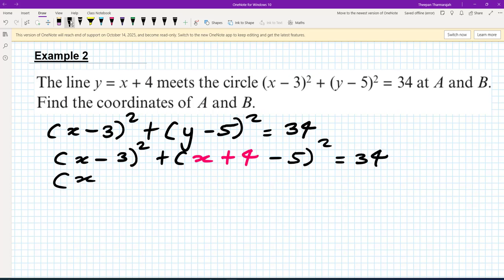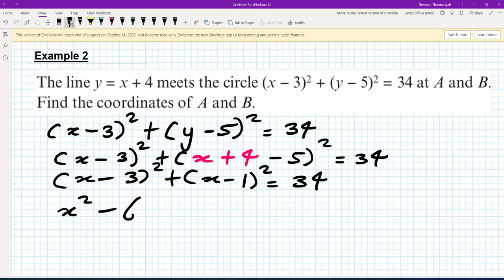So that gives me (x minus 3) squared plus (x minus 1) squared equals 34. So it gives me x squared minus 6x plus 9 plus x squared minus 2x plus 1. That's equal to 34.